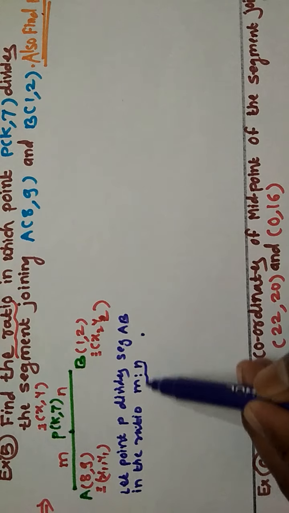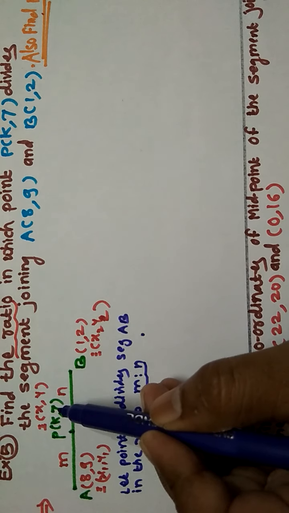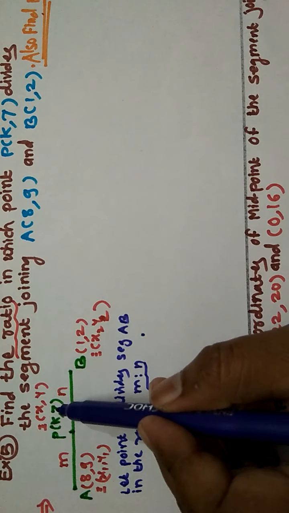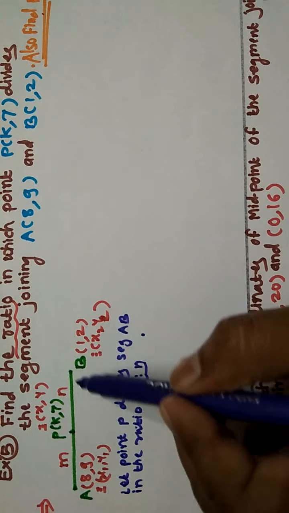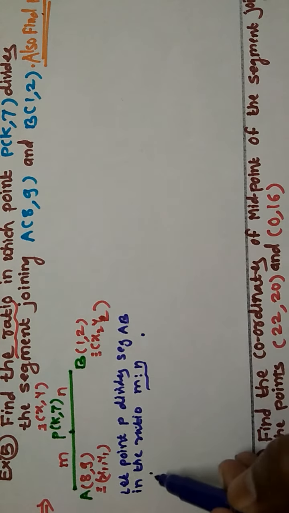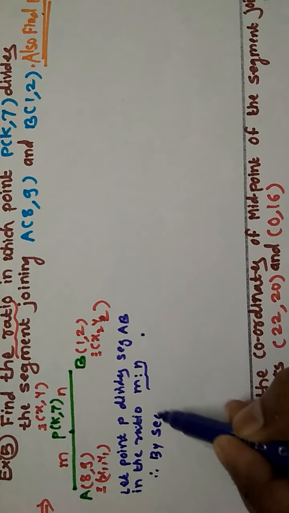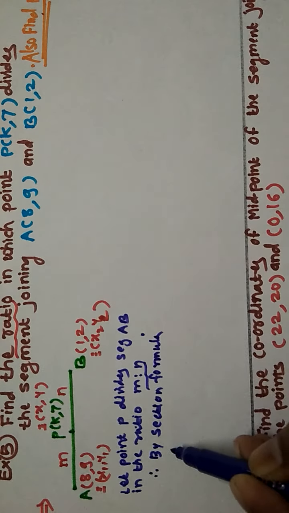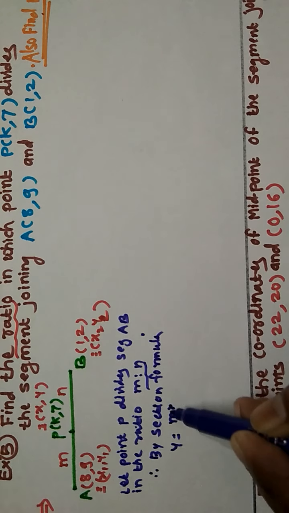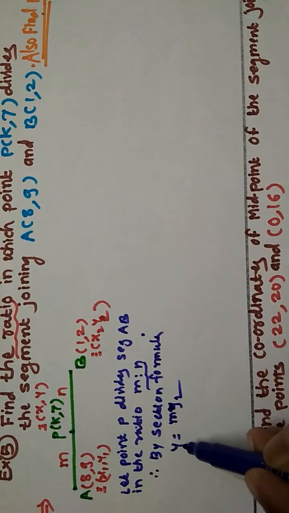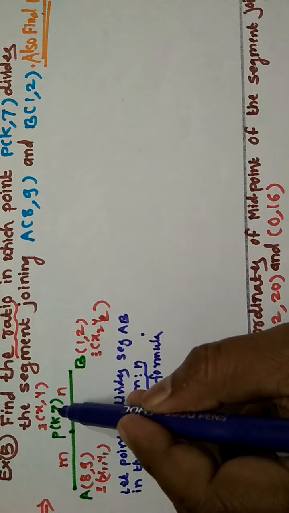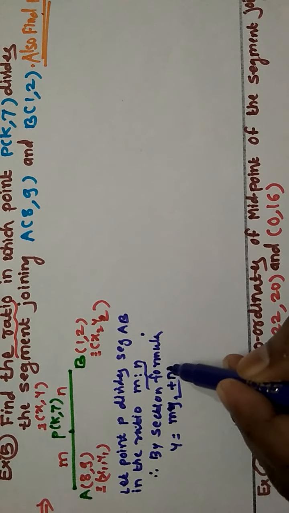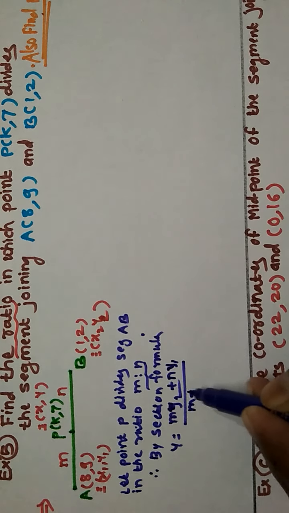To find the ratio we use the section formula: x is equal to (mx2 plus nx1) divided by (m plus n), y is equal to (my2 plus ny1) divided by (m plus n). Therefore by section formula, write down y is equal to (my2 plus ny1) divided by (m plus n).